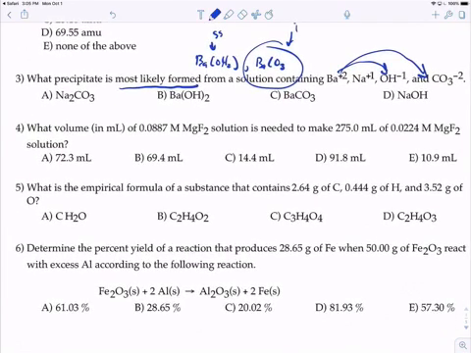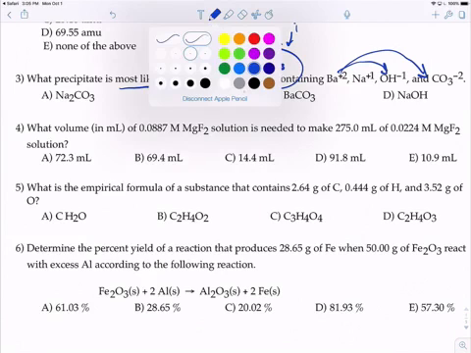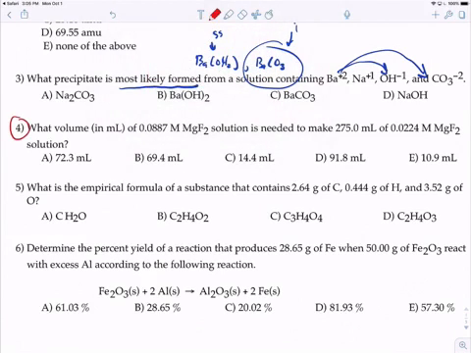So what volume of 0.887 molar magnesium fluoride is needed to make 750 milliliters of 0.0224 magnesium fluoride? So the way you solve this one, use the equation M1V1 equals M2V2, or solving for V1 is equal to M2V2 all over M1.